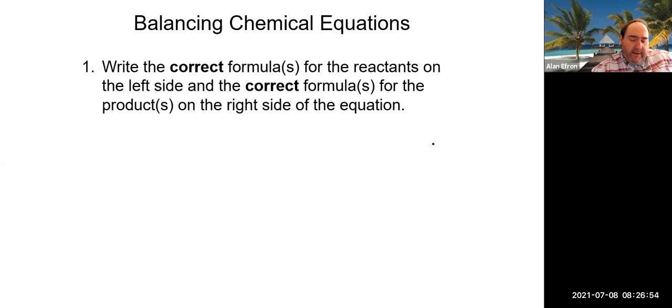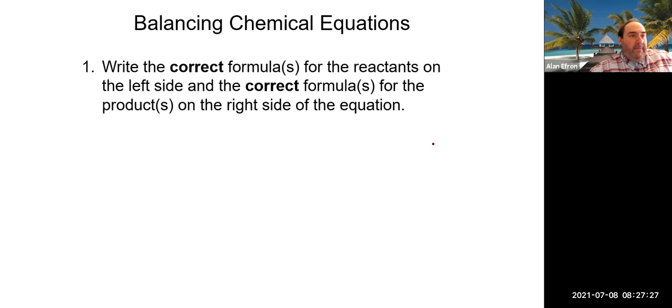What I mean by that is, if you're given something in words, you want to first start by writing all the correct formulas down, regardless of trying to balance. That really shouldn't be in your head at that point. If you have everything in words, you want to do like you were doing nomenclature, and make sure you put down all of the right formulas first. And then you want to get to the balancing part.